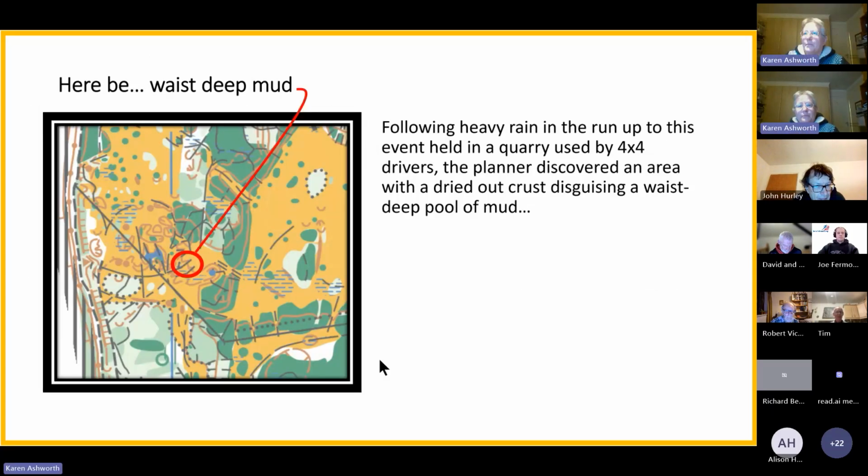Waist deep mud. So heavy rain. This is an event that's in a quarry that's used by 4x4 drivers. The planner discovered an area which had a dried out crust over the top, but if you went through it, it was waist deep in thick slimy mud.